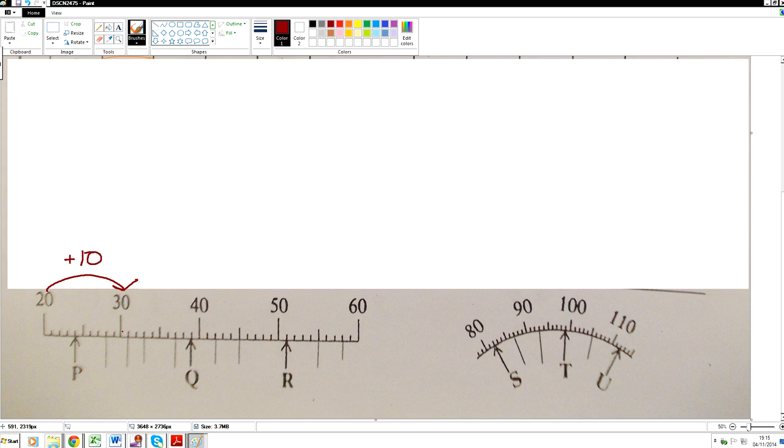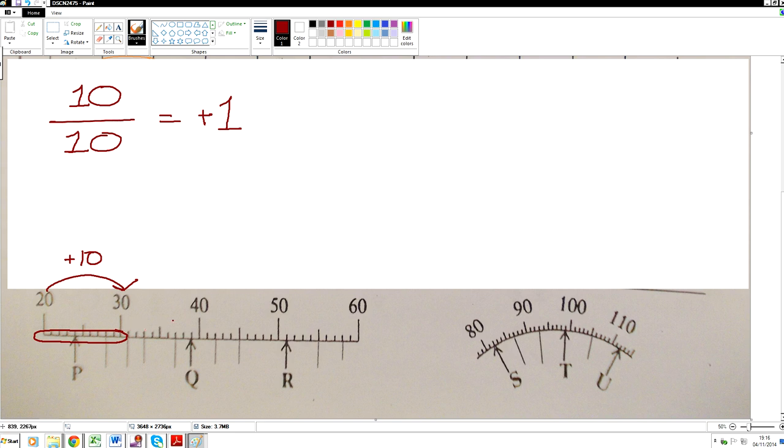Let's have a look at how many lines we have. Now we have 10. We divide by 10. So 10 divided by 10 gives us 1. So now we're no longer counting in 0.1s, we are counting in ones.